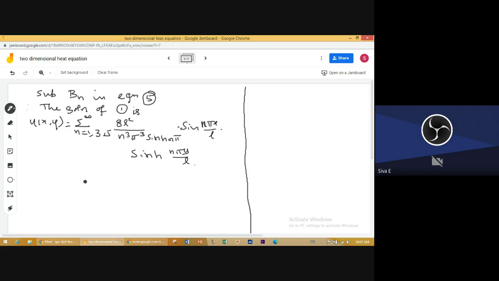It is a square plate. In case it is a rectangular plate, how can we solve it?